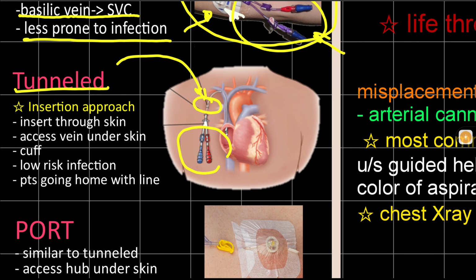Now, it is normally inserted through the skin and accesses the vein under the skin with a cuff. This is the cuff. All right. Now, because of its location, it's also low risk for infection, and patients normally go home with this line, just like your PIC.